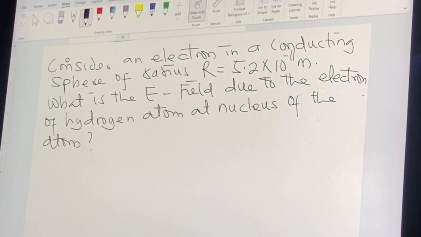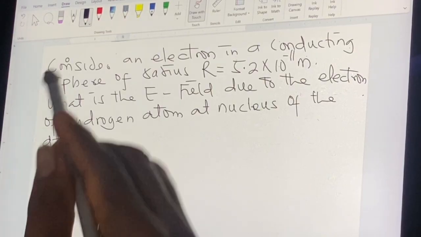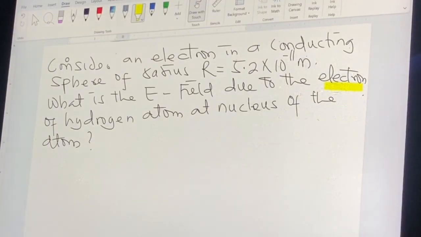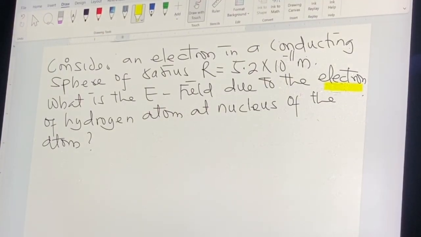What is the E field due to the electron of hydrogen atom at the nucleus of the atom? So we're asked to find the E field, that is the electric field due to the electron. The electron is mentioned here, meaning that whenever you see an electron, the charge will automatically change to E negative. Don't forget that, okay?